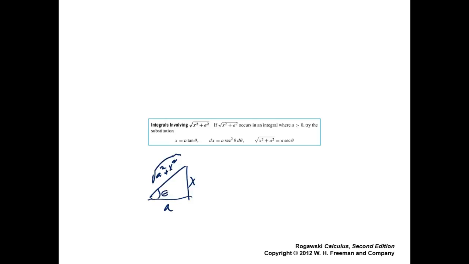And then the relationship between hypotenuse over adjacent is secant, right?